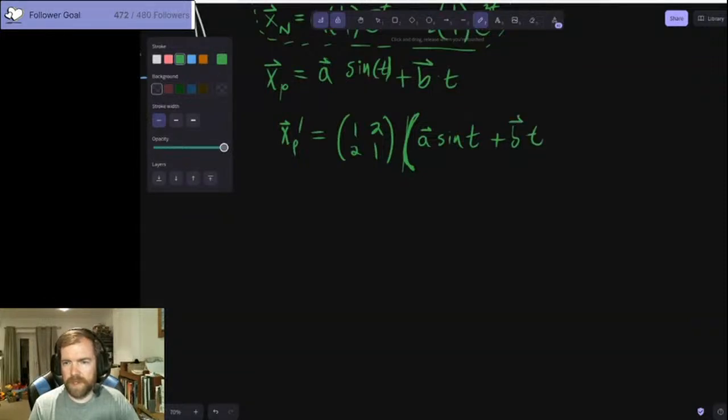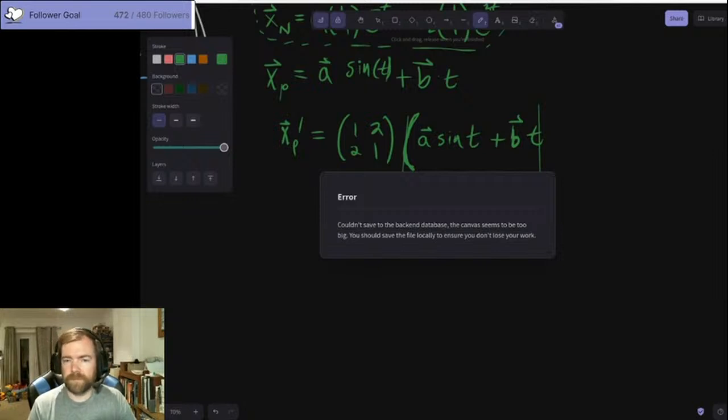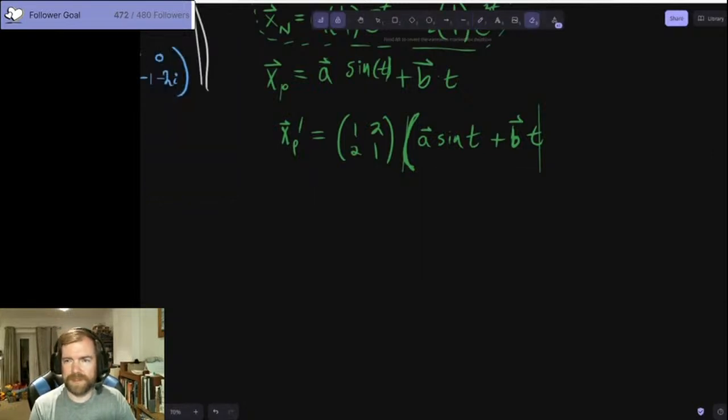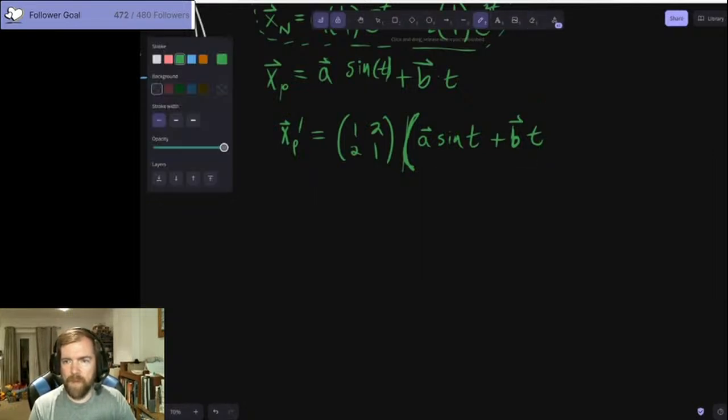b vector t. Okay, plus sine of t up top and t down bottom.